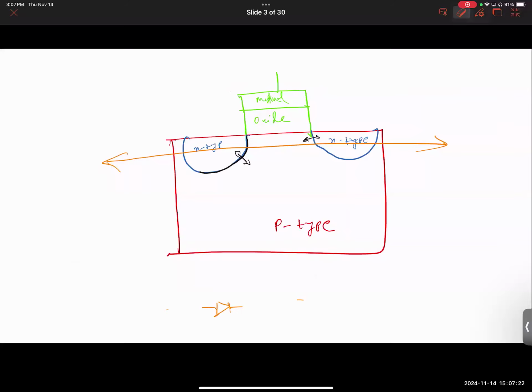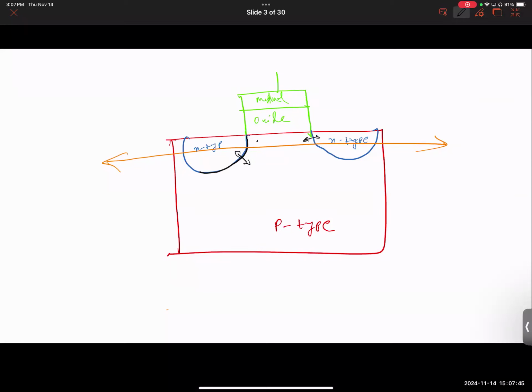Quick question: if you have two back-to-back PN junctions, can you let any current flow through them? No matter which type of biasing you use, it will be forward bias for one diode and reverse bias for the other, or vice versa.